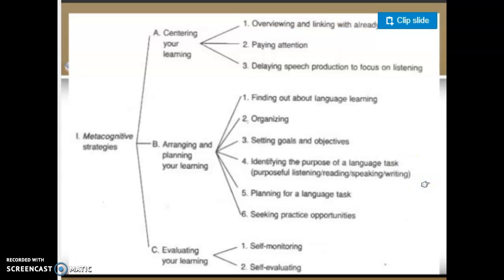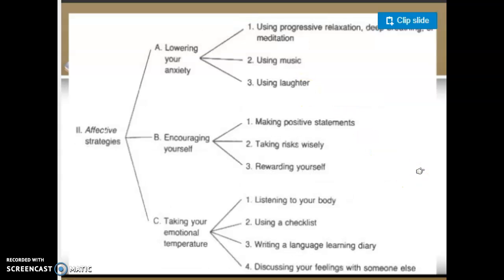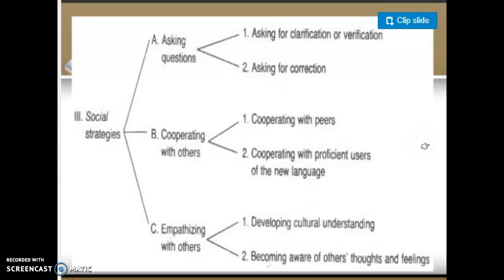And then metacognitive strategies also can be divided into some parts, and you can read the specific actions. And then affective strategies, here you can see using progressive relaxation, using music, and so on. Okay, I think it is clear. And then social strategies here.